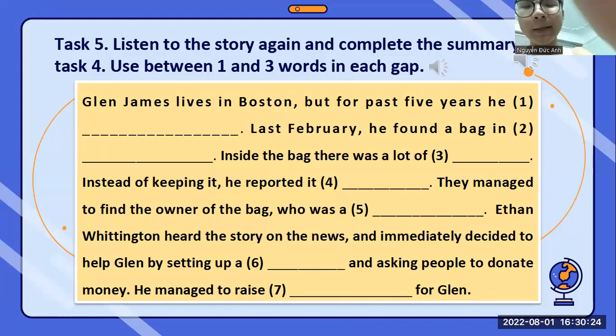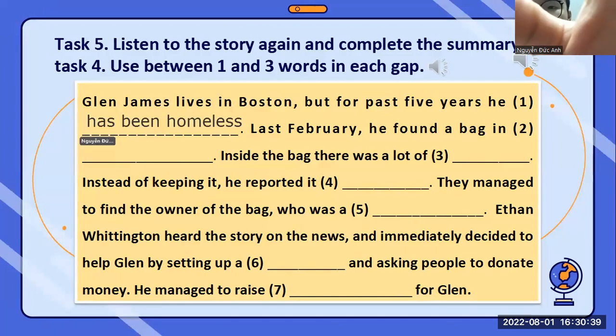Lesson 7C, exercises 2 and 4. Glenn James didn't expect to get a reward for what he did. He thought he was just doing the right thing. But because of his honesty, this poor homeless man from Boston now has enough money to live comfortably. Last February, James, who has been homeless for 5 years, was in a shopping centre when he noticed a bag on the floor. Nobody was near it. He picked it up and looked inside.